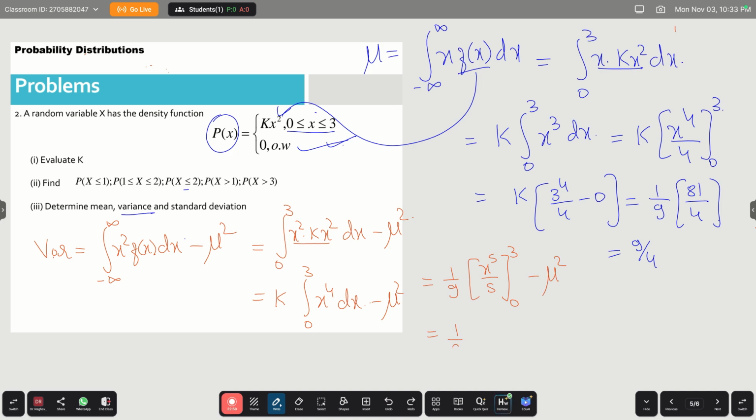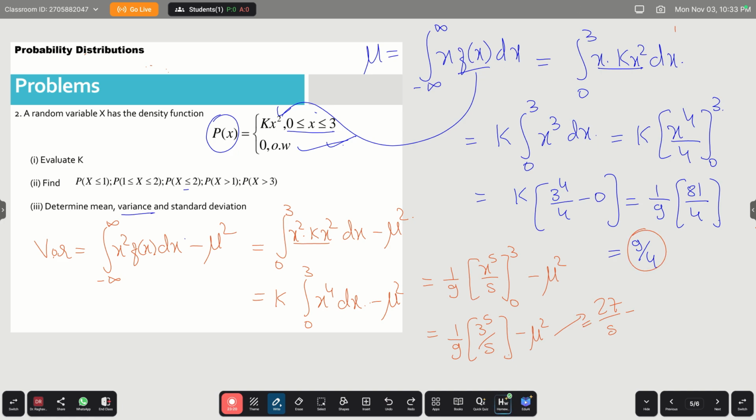So this is 1 by 9 times 3 power 5 divided by 5, minus mu square. 3 power 5 is actually 81 into 3, so 243, and when you divide it by 9, you get 27 divided by 5, minus mu square.